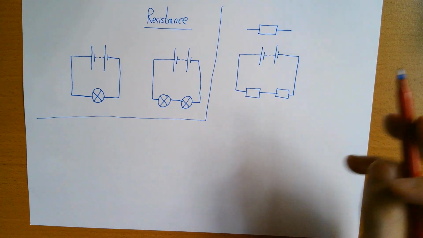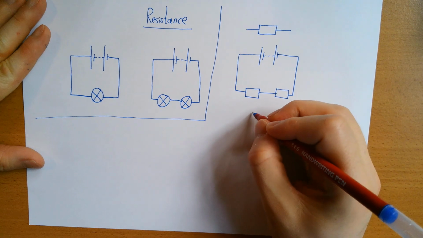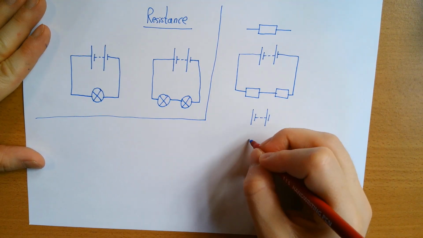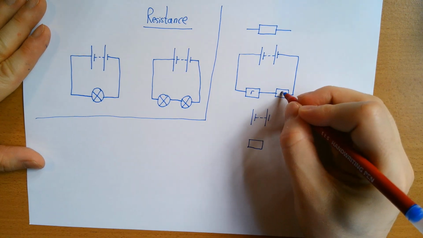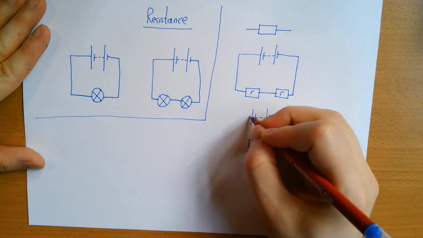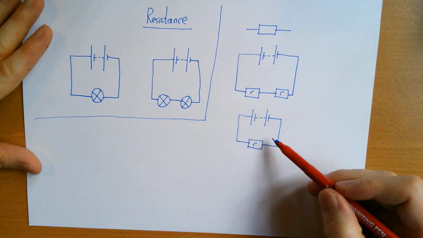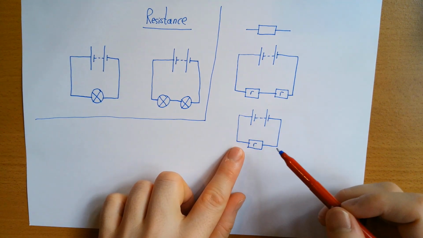Now, if you drew the same circuit or a similar circuit, but you only had 1 resistor. Now what's important here is that has a resistance of R, that has a resistance of R, that has a resistance of R. What would be the current in this circuit compared to that one? Because they're series circuits, it's the same current everywhere.